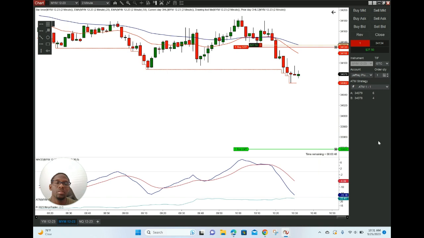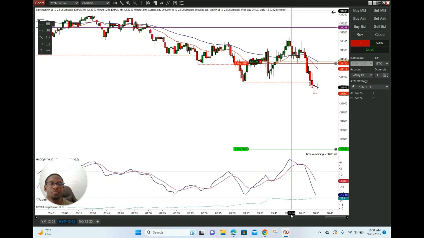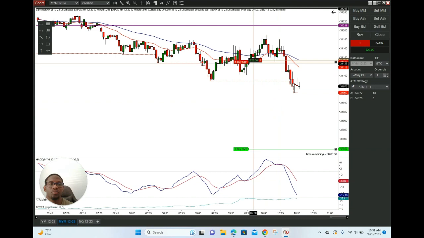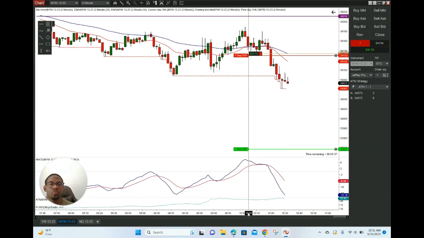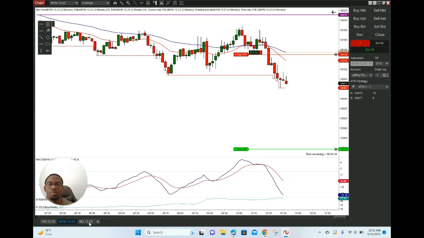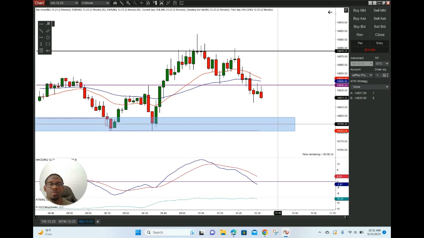But let's see. Ooh, okay. Nasdaq is looking a little devilish.